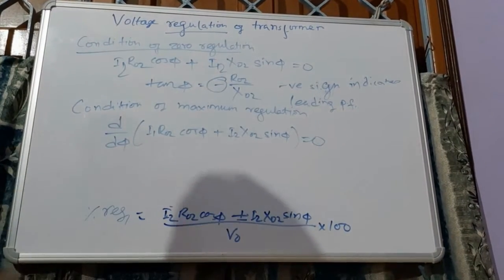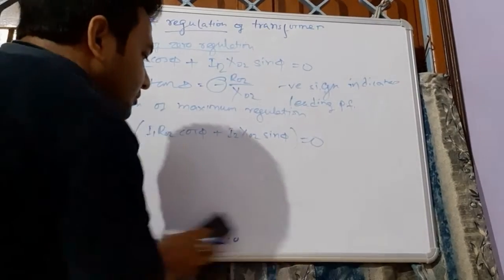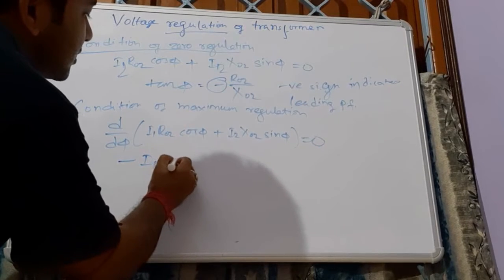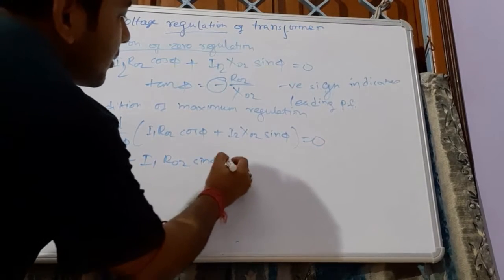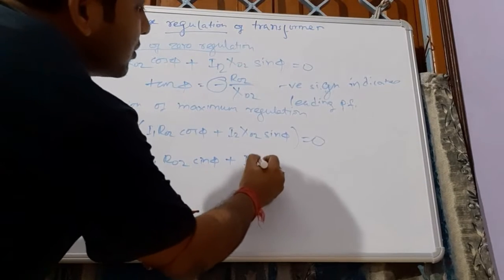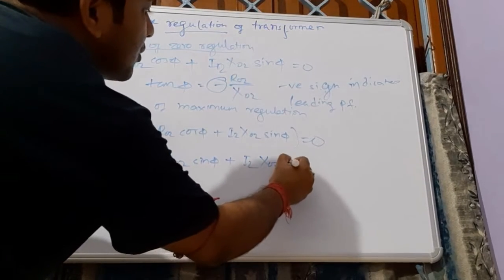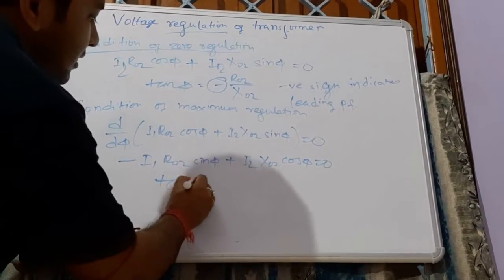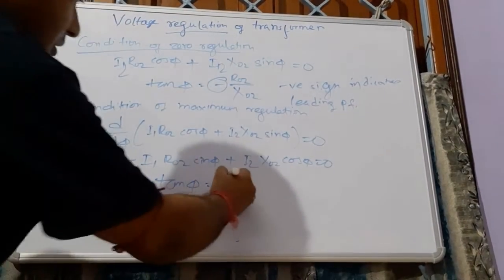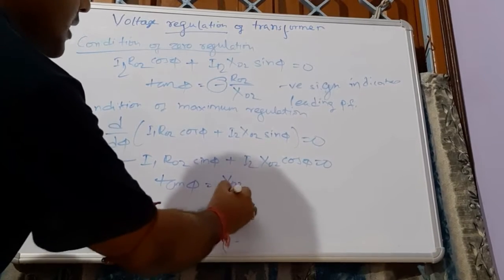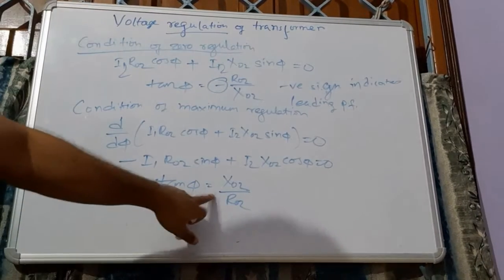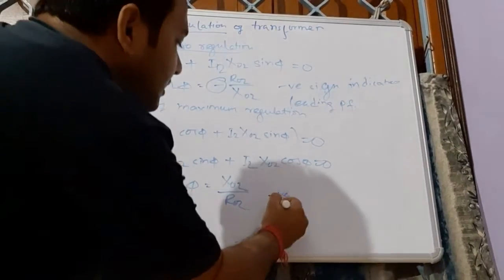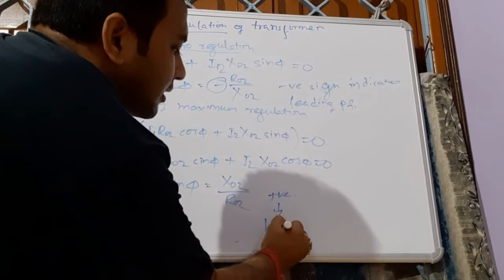Now if we calculate this, this will be minus I2 R02 sin phi plus I2 X02 cos phi equals to 0. So tan phi equals X02 divided by R02. So here the positive sign indicates the lagging power factor.